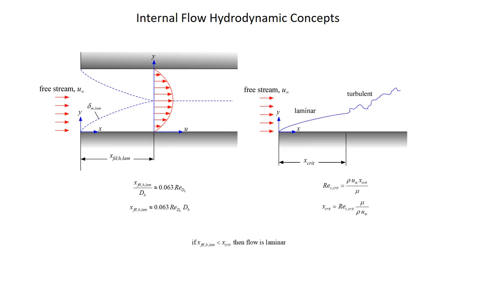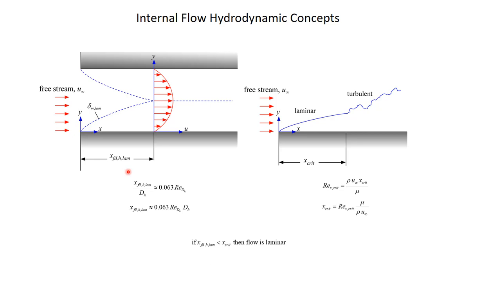The other thing we can understand from things we already know is when an internal flow will be laminar versus when it will be turbulent. We just said that if the boundary layers remain laminar, I know how long it will take the boundary layers to come together and hit this fully developed region. That's what this equation is. As long as the boundary layers remain laminar, I can calculate this laminar entry length.